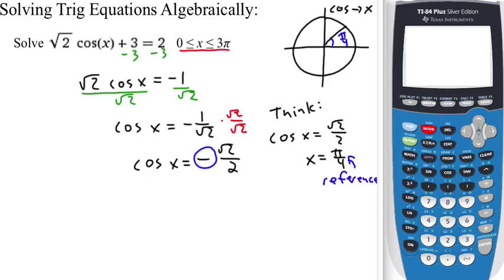So I need to think about where is the x value going to be negative. And x is negative everywhere to the left of the y-axis. So I know it's going to be negative in these two quadrants. So I'm going to have these two values over here that are pi over 4 short of pi and pi over 4 more than pi.